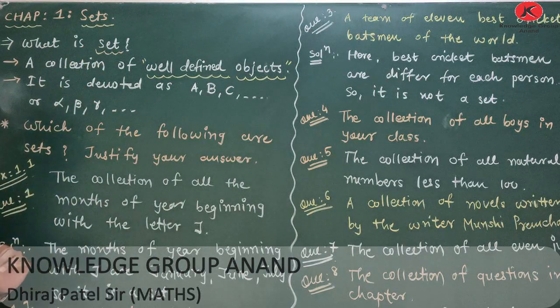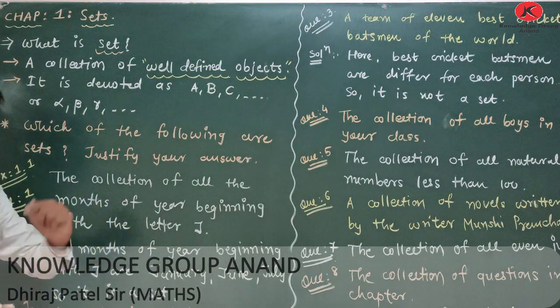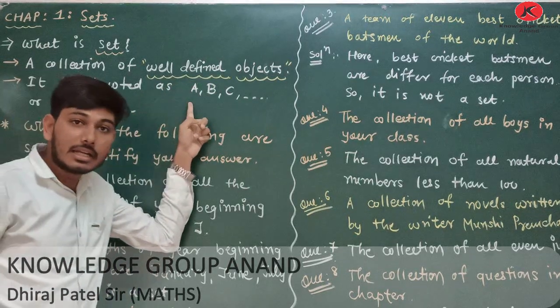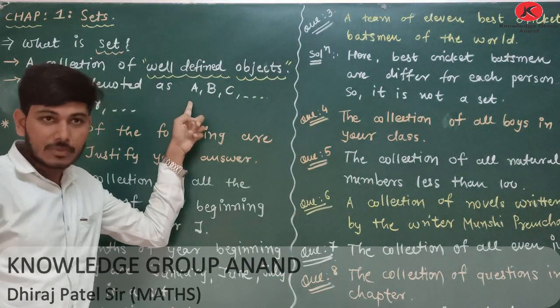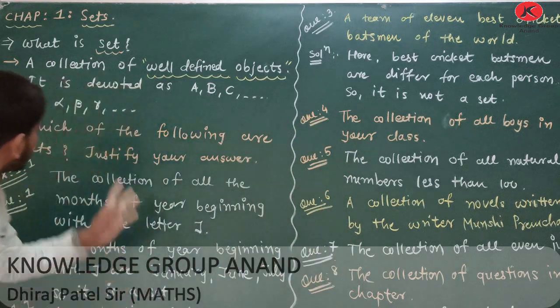Suppose a set is prime numbers less than 10, which is 2, 3, 5 and 7. Then how can we denote it? It is denoted by capital letters A, B, C, D, up to X, Y, Z, a total of 26 letters.